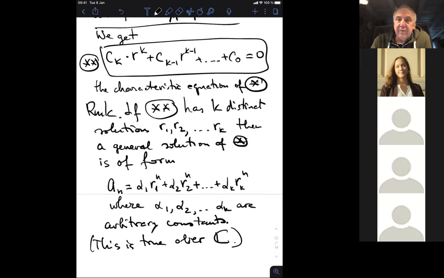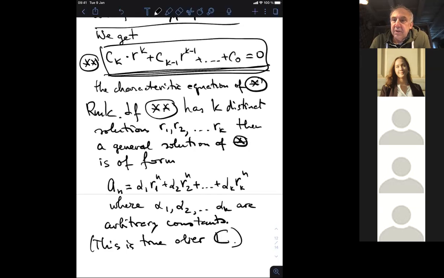And it can very well happen that even if this characteristic equation, double star, has real coefficients, its zeros are complex conjugate numbers. Some of its zeros are complex conjugate numbers.